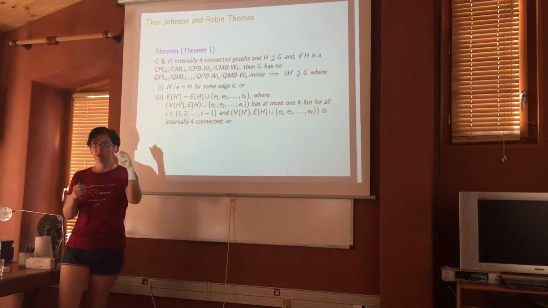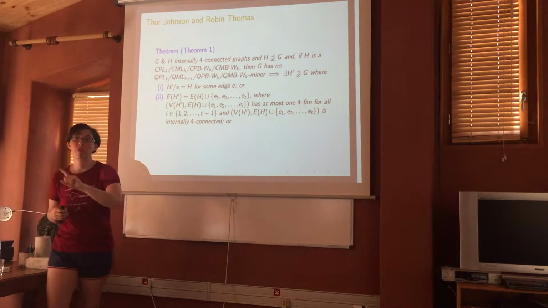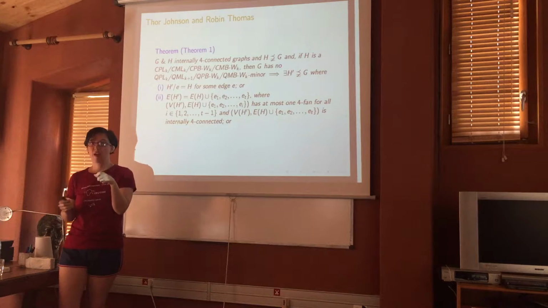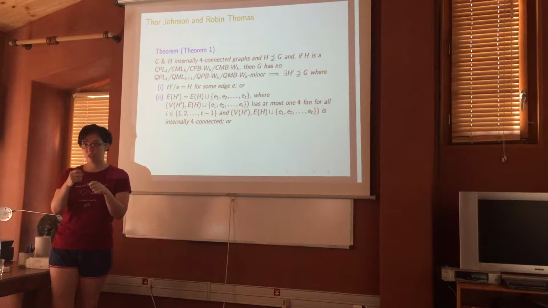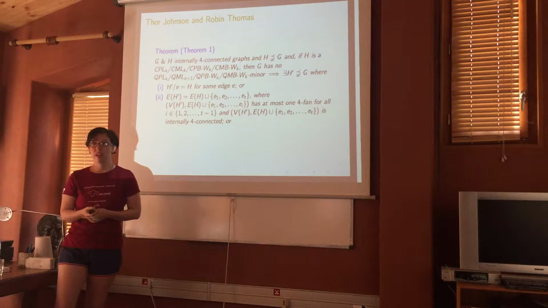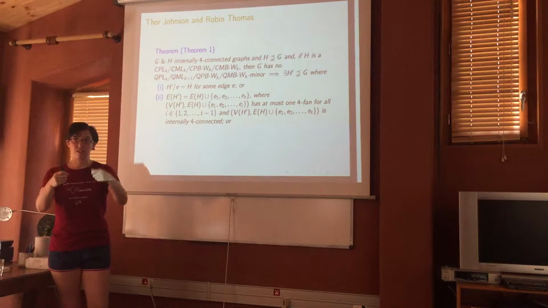So I'm going to add an edge to H, and now I'm going to create at most one four-fan. I'll create one four-fan, and that's my worst thing. And now I'm going to add another edge to this graph. Now I don't have that four-fan that I created. I create at most one new four-fan, and I keep continuing with this adding of edges.